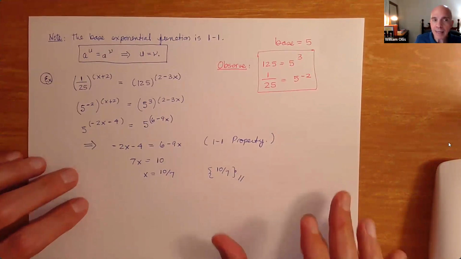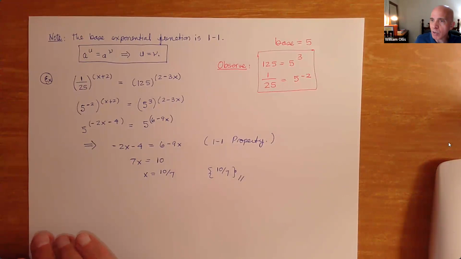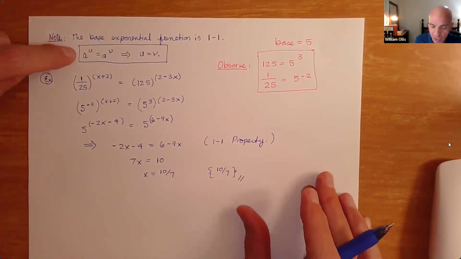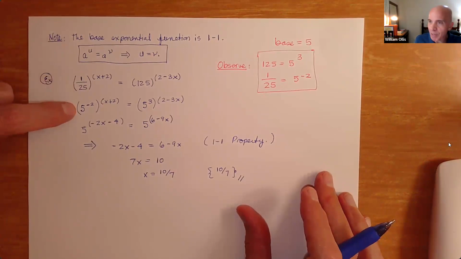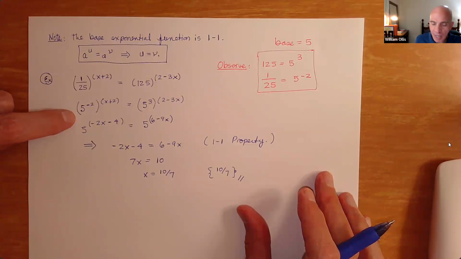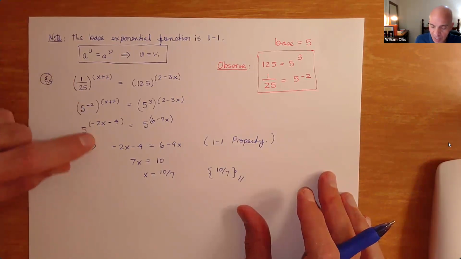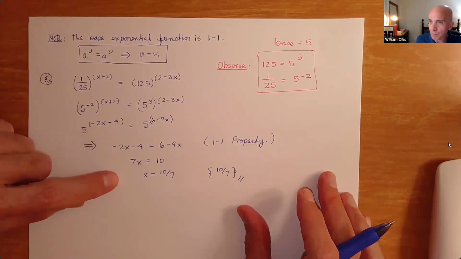So again, by one-to-one, we can simply utilize our definition and the fact that we have the laws of exponents. So it's really critical that you utilize the laws of exponents, because they will allow us to ascend to this level, which is now very simple.